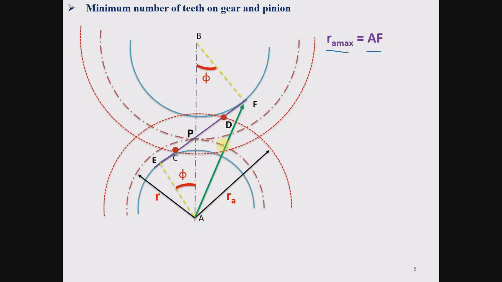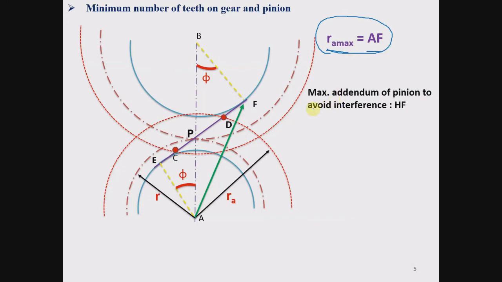So join point A to F. Draw one dotted line joining point A and F, and write down this: RA max. Maximum value of addendum circle radius of pinion is equal to distance AF, so that interference is avoided. Correct. So RA max is AF.